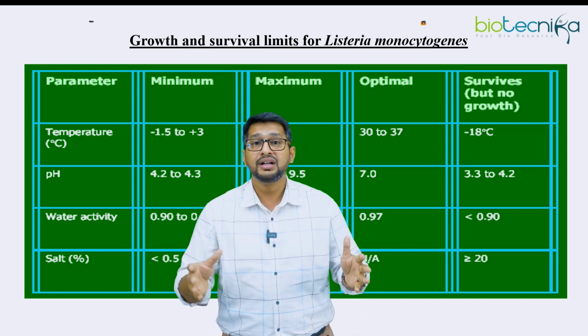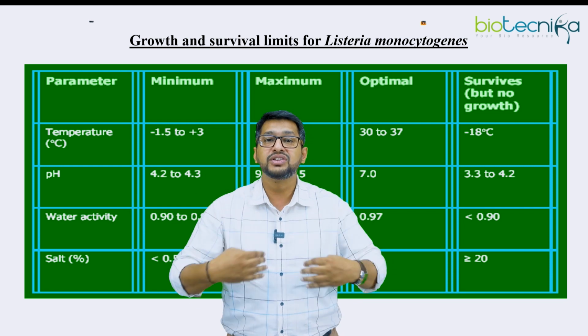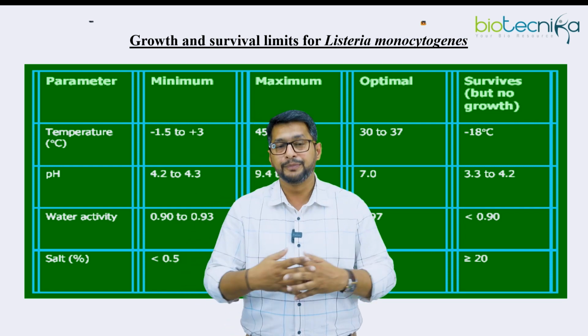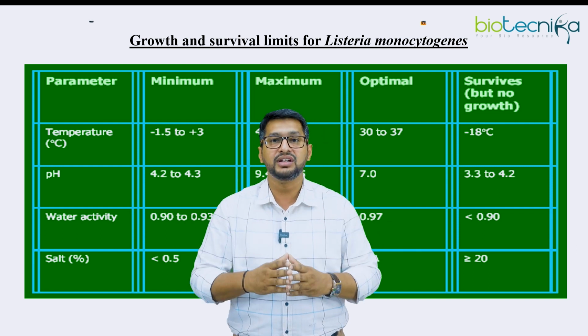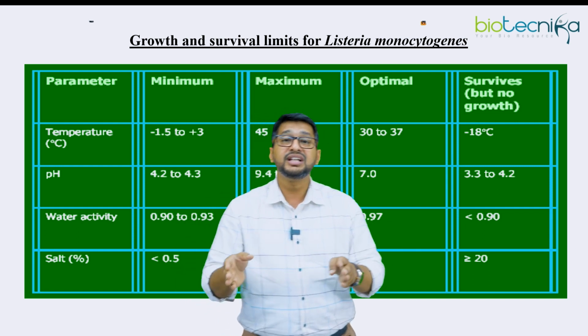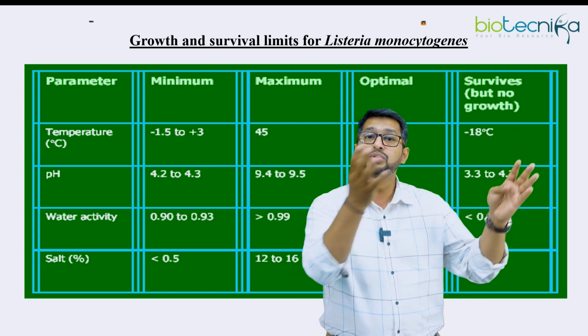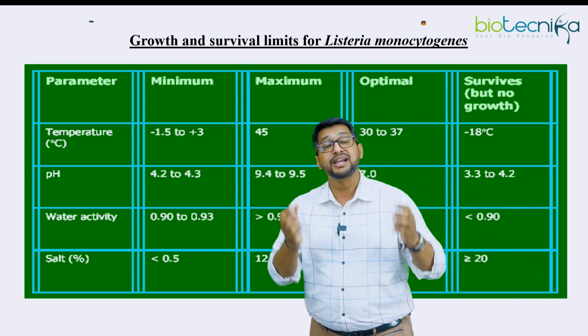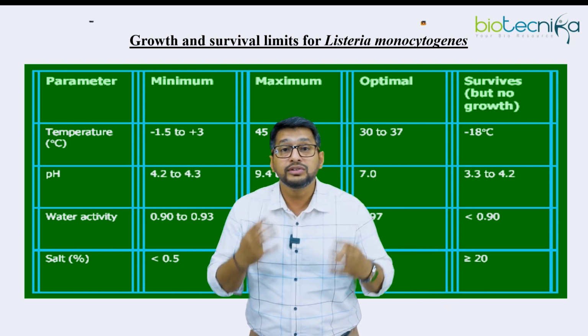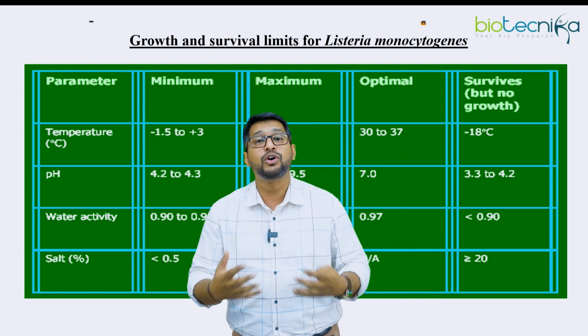As I told you, Listeria can survive in humans, so it behaves as mesophilic in nature. However, this pathogen can also withstand minus temperatures, up to minus 20 degrees, and can also reproduce at minus 8 or minus 4 degrees.